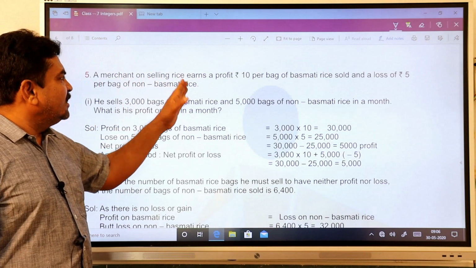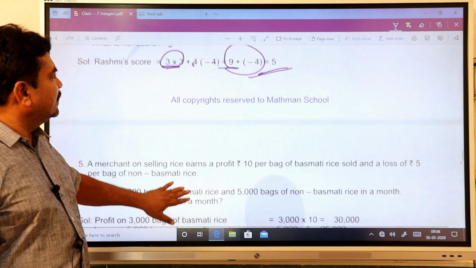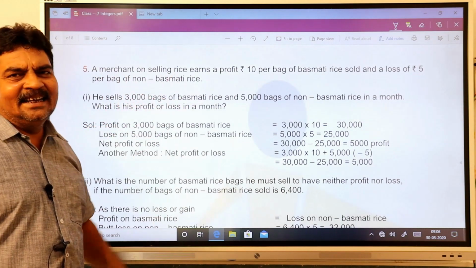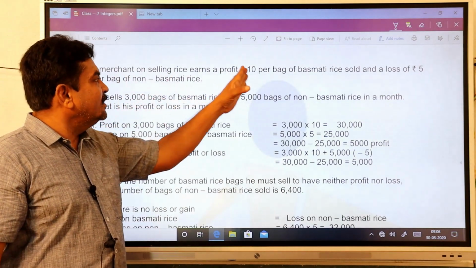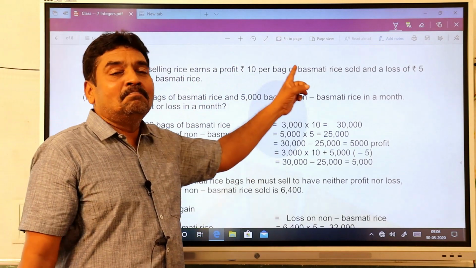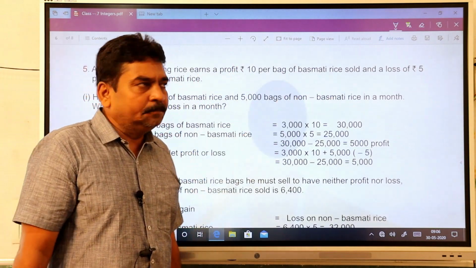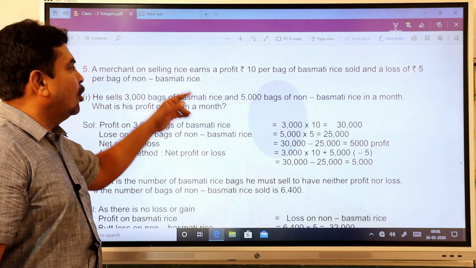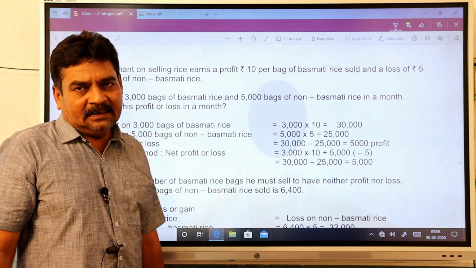A merchant on selling rice earns a profit of rupees 10 per bag of basmati rice sold and a loss of rupees 5 per bag on non-basmati rice.